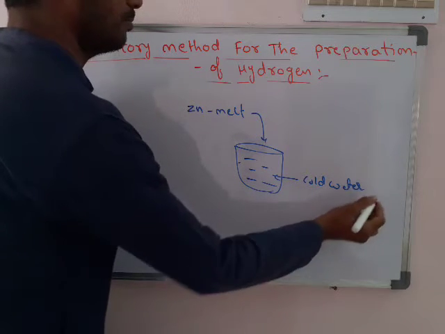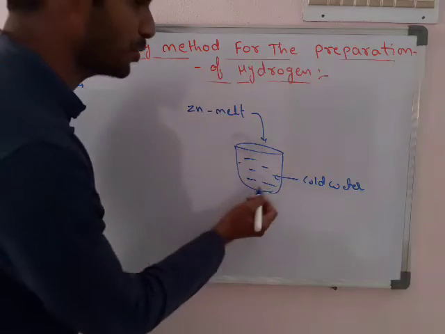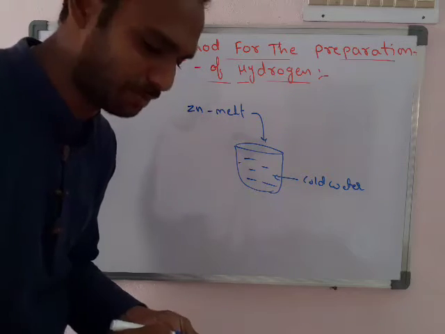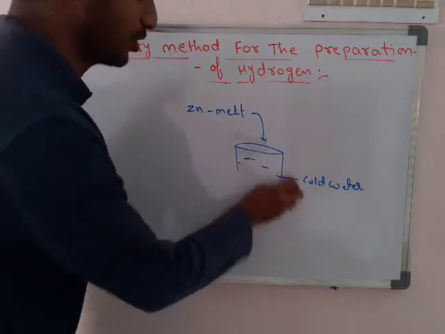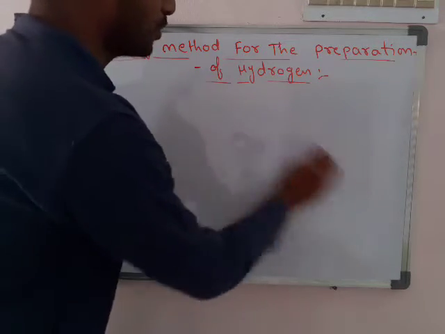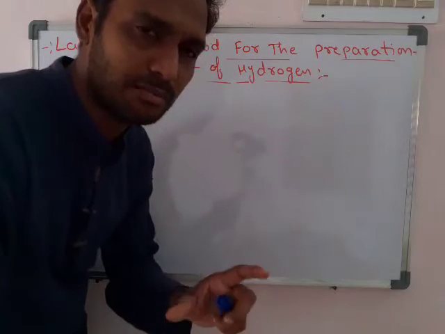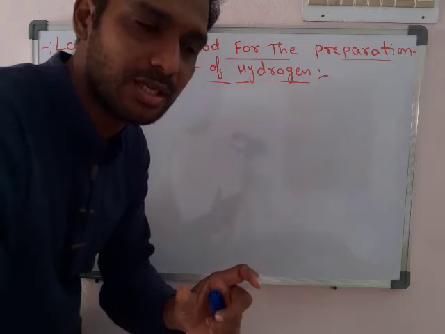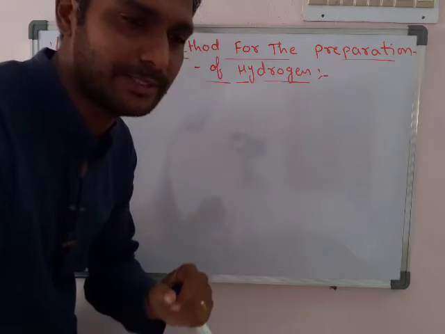Its melt form is poured into cold water, and the formation of granulated zinc takes place. That was the introduction about granulated zinc. Now you know what is meant by granulated zinc: big size pieces with sharp edges.